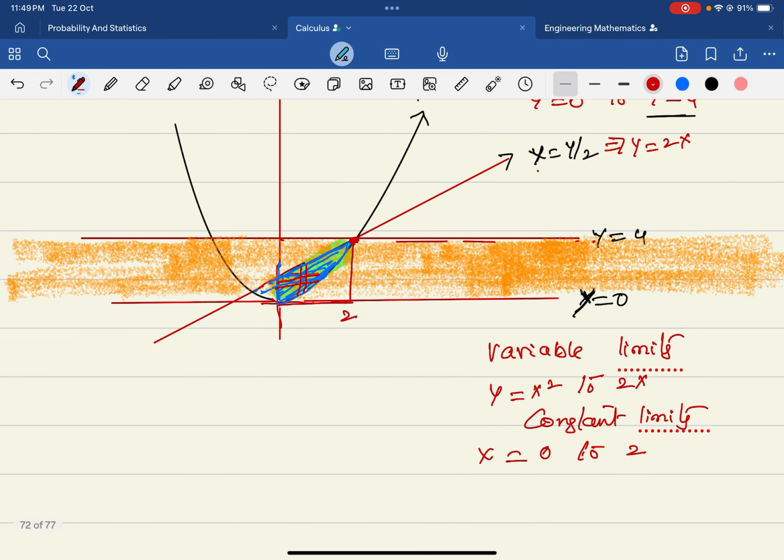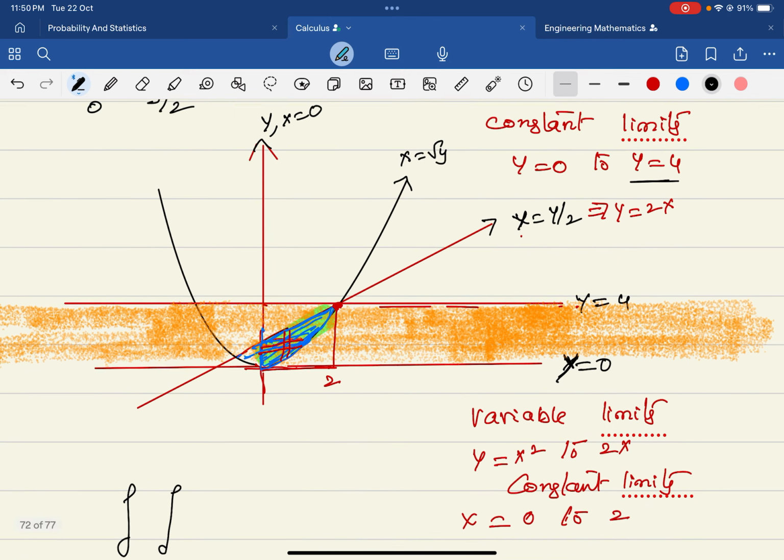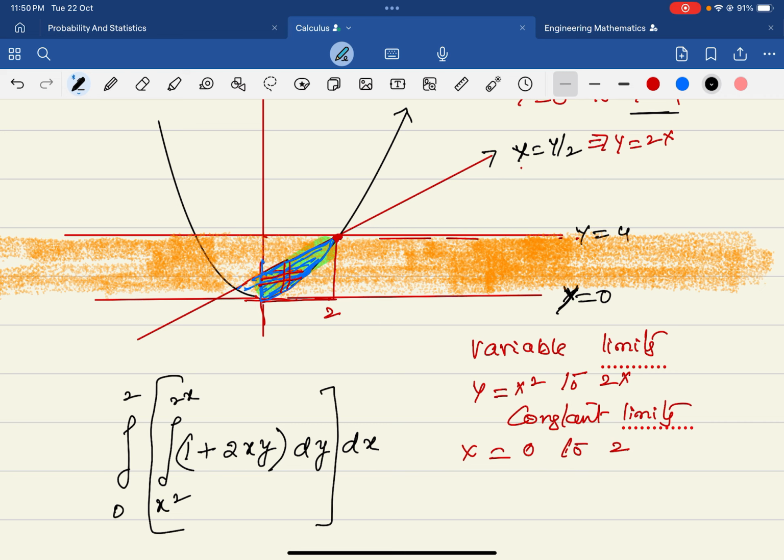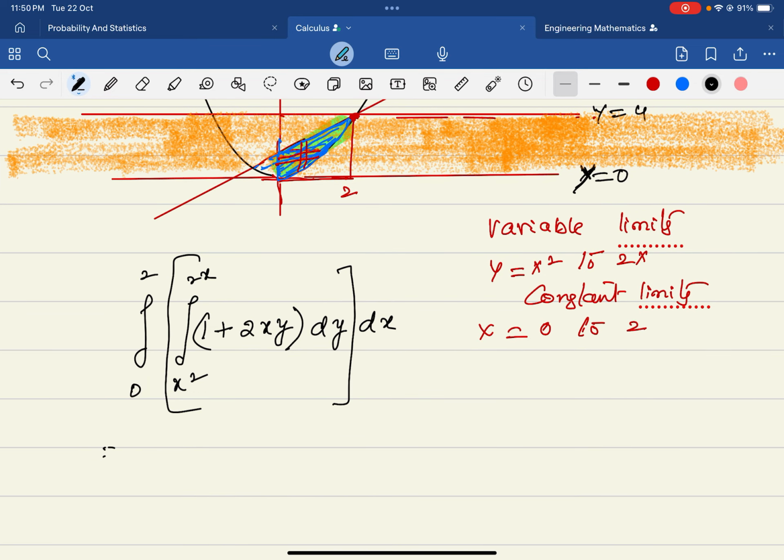So with the help of these limits, now you are going to write down the double integral. Now the function is 1 plus 2xy. First is y, and then next is x. And y is going from x square to 2x and x is from 0 to 2. Now do the integration with respect to y. That is integral 0 to 2.